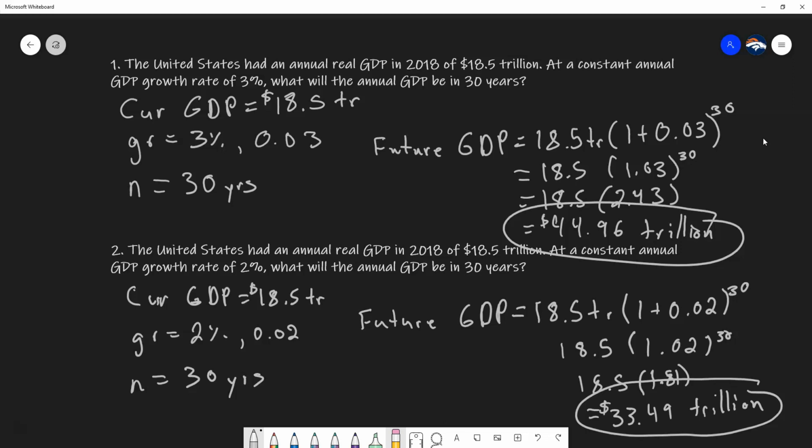Why is that important? Well, if you think about it this way, if our economy is growing at a certain rate and our population is also growing at a certain rate, we need to maintain a growth rate that's fast enough just to maintain our quality of life, right? We're going to have more people that live longer. The population is going to grow. We need to replace roads. We need to replace infrastructure.